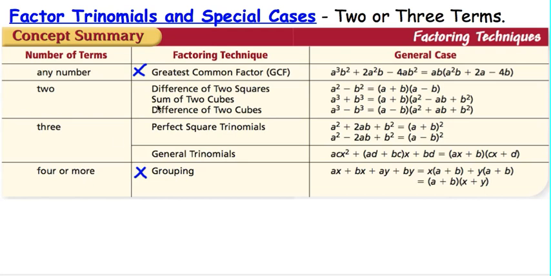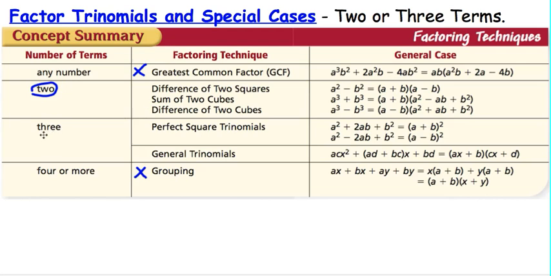But what you definitely do have to write down is the factoring formulas for 2 terms, which includes the difference of 2 squares, the sum of 2 cubes, and the difference of 2 cubes.